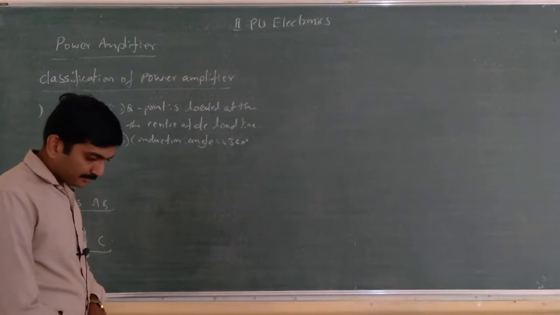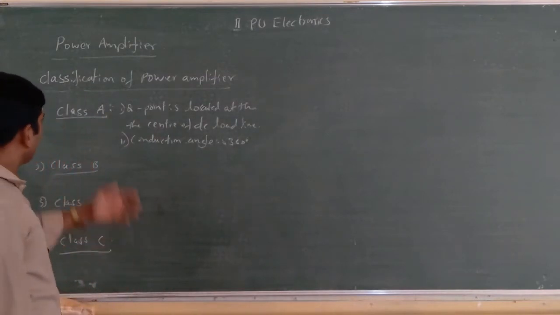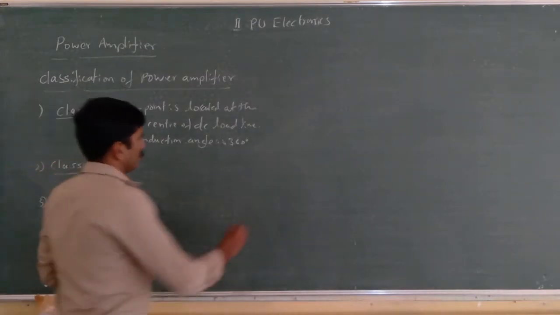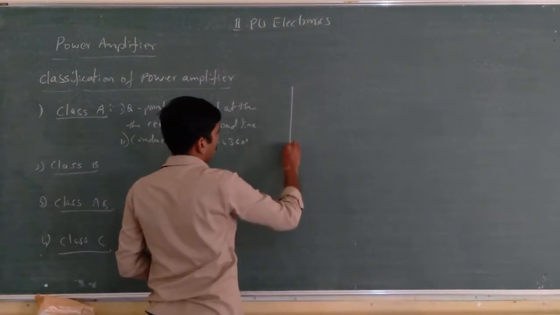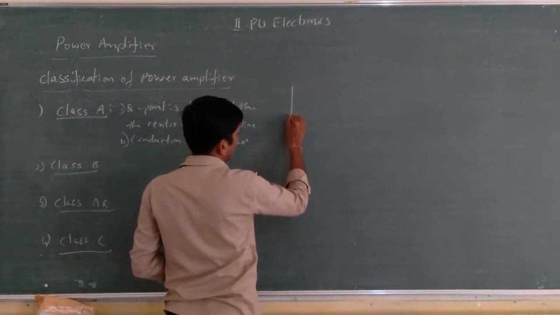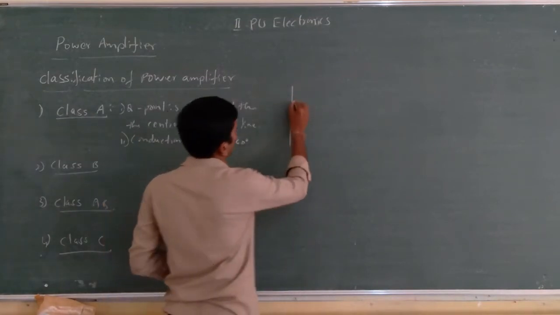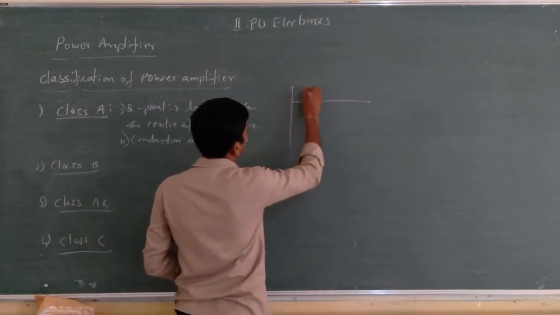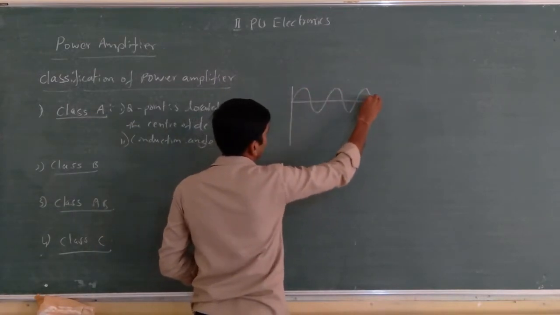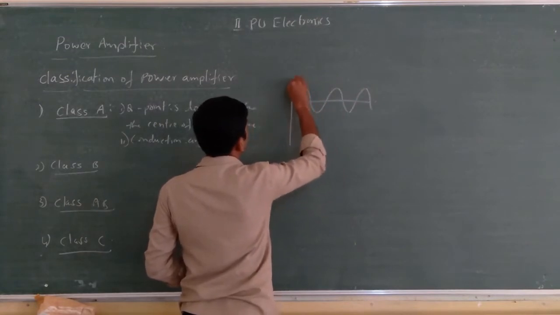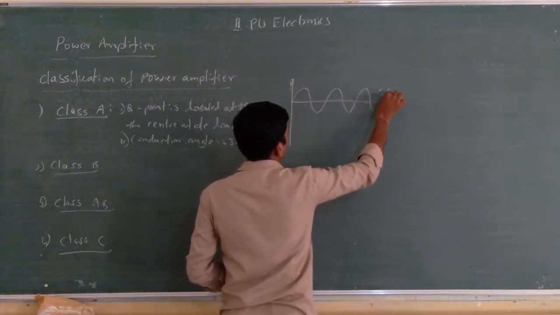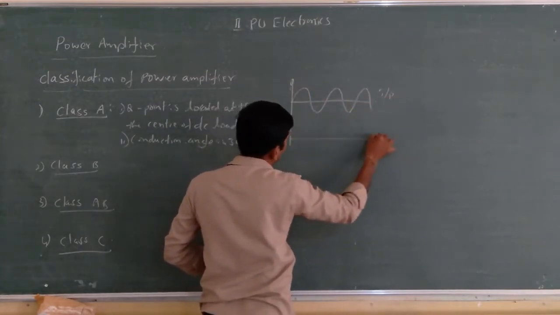So you will get a full cycle in the class A amplifier. Its output voltage pattern is like this. See, first I have to draw the input signal like this, and this is the input signal. Next, this is the output signal.